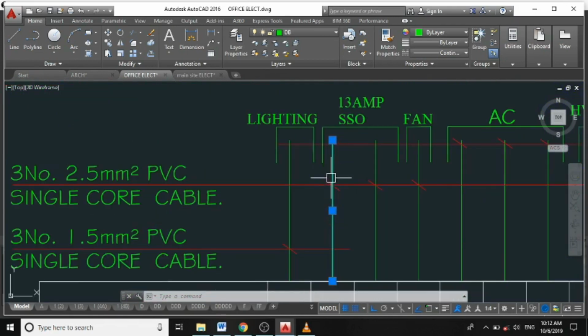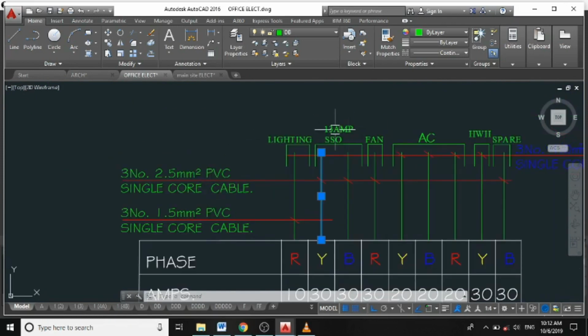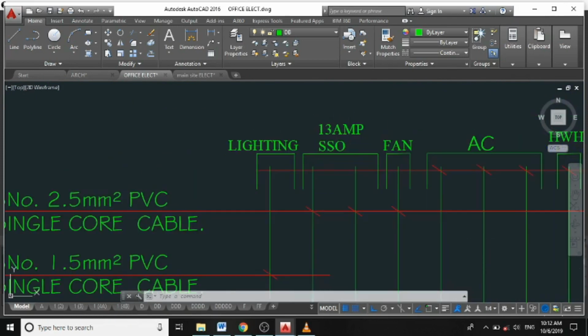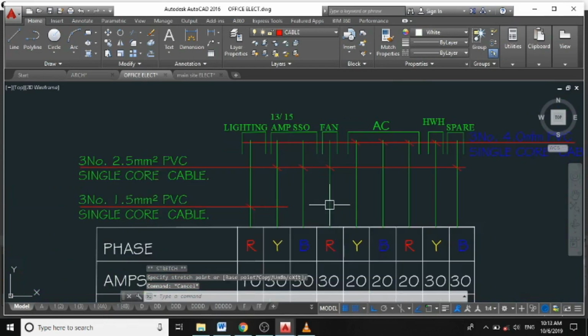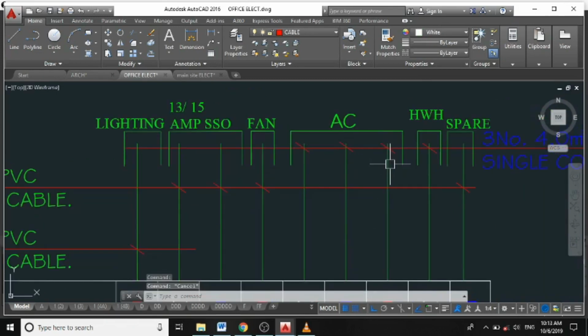That's the second phase. We'll have a 2.5 mm square cable and I'm having a 13/15 ampere socket in it. My circuit here is for fan, which are also accessories. So we still have another one here which are for my AC. They are majorly a power outlet.